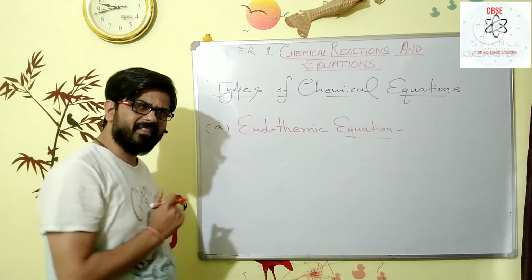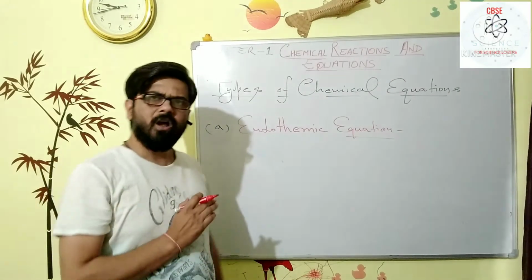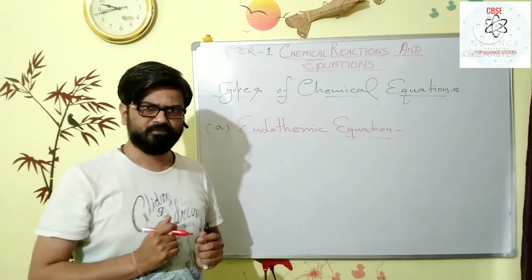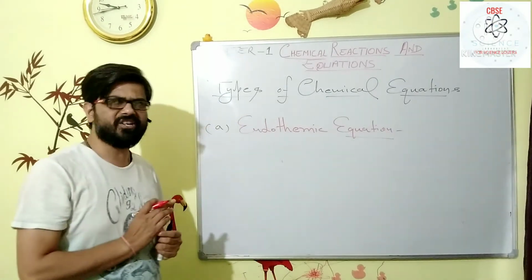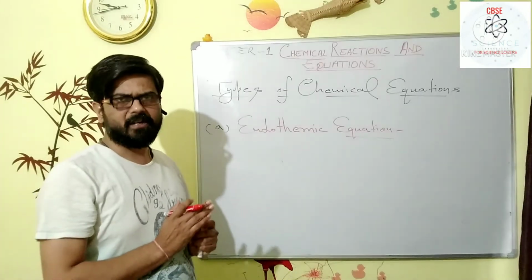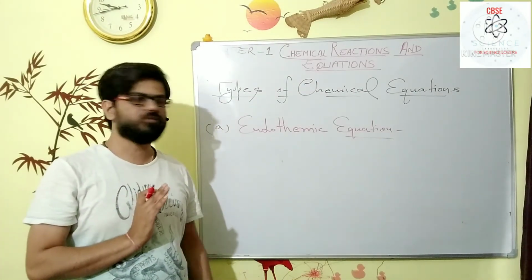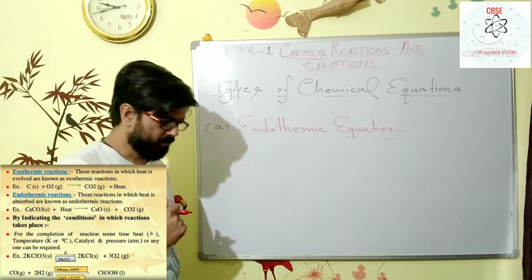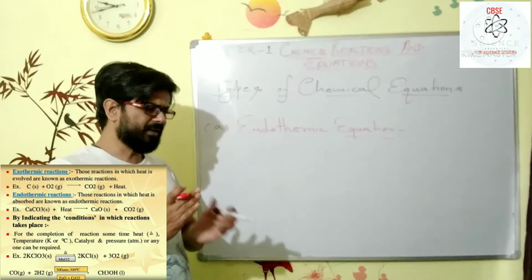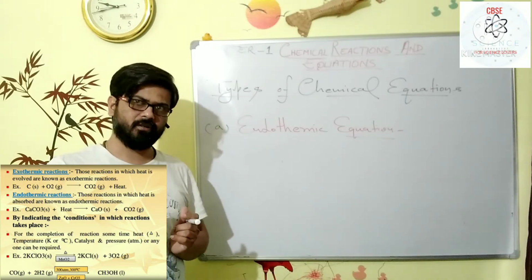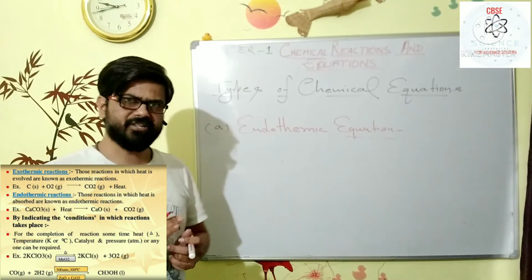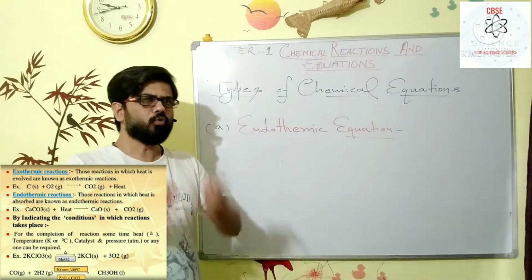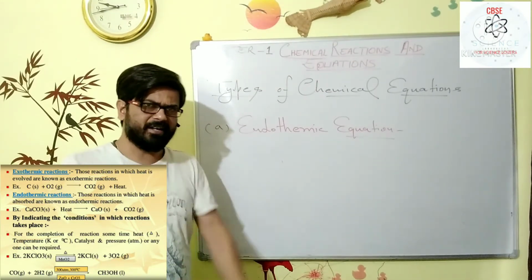So, what are the endothermic chemical equations? The chemical equations during which we have to give energy to proceed with the chemical reaction. All those reactions are said to be endothermic equations or endothermic reactions. For example, decomposition reactions. All decomposition reactions are said to be endothermic reactions, in which to decompose a substance we have to provide the energy.